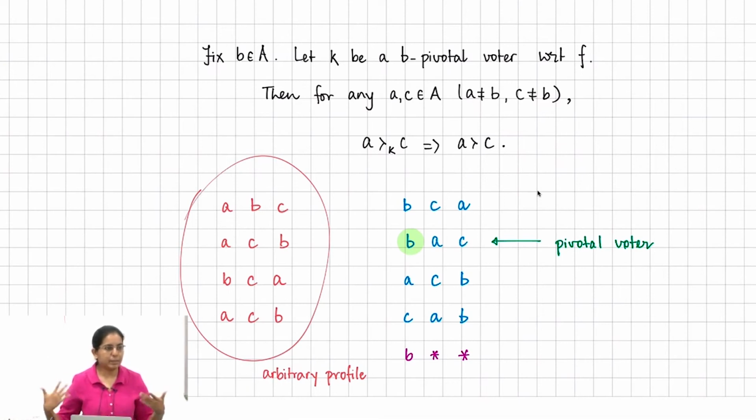It's this dictatorial behavior where we say that if the voter says A over C, the mechanism says A over C. If the voter says C over A, then the mechanism also says C over A. So the mechanism just tags along with what this voter is saying for this pair of candidates. That is the claim.